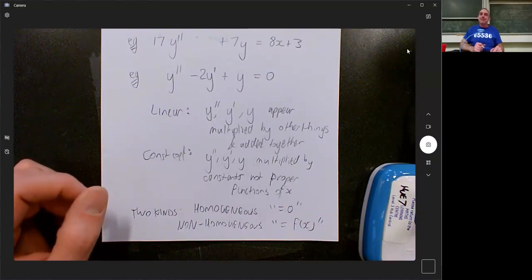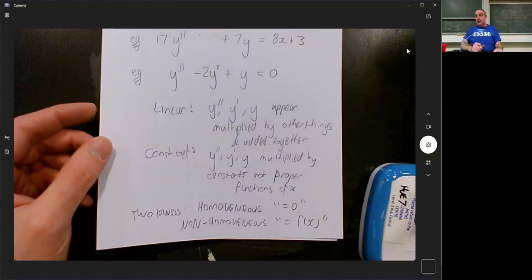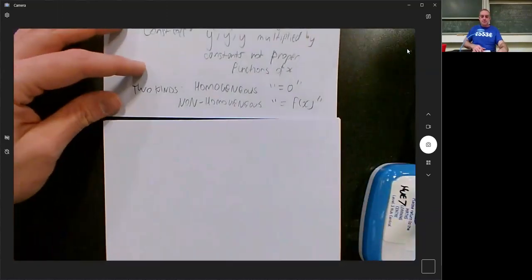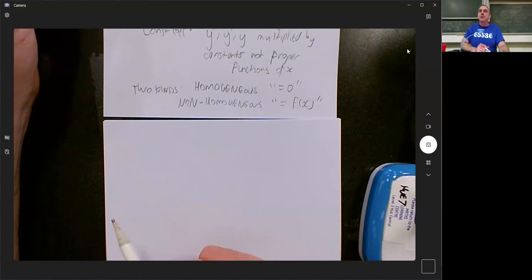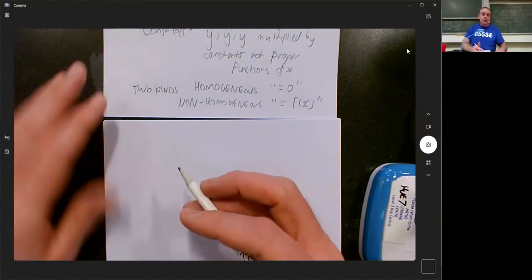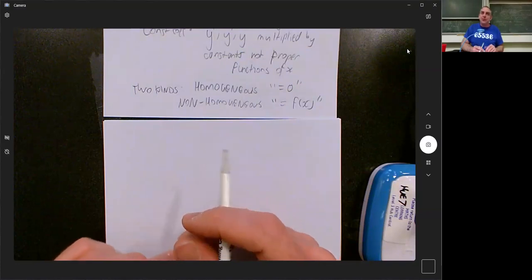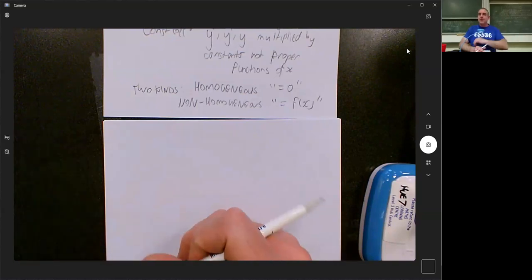There you go. Okay. So the way the theory works is this. A second order ODE. ODE stands for ordinary differential equation, as opposed to PDE, which is a partial differential equation which has partial derivatives in it, which you don't do in Maths 1B.